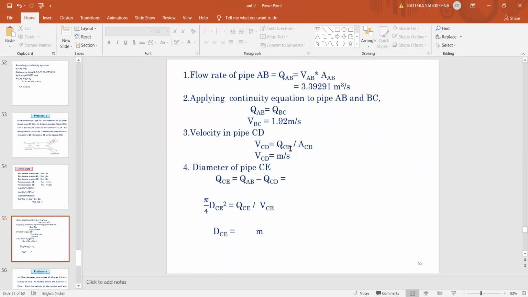So what you will get? QCD is equals to 1.13 divided by 3. So VCD is equals to 1.13 divided by ACD value, which already we have.